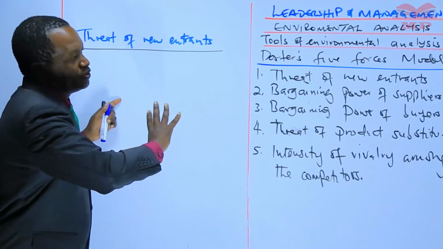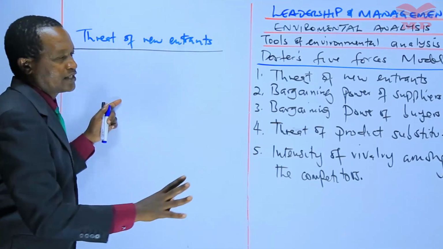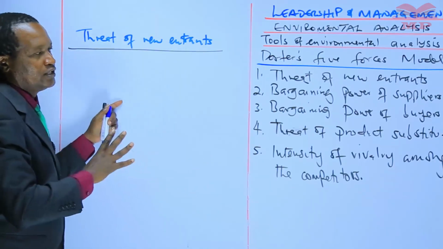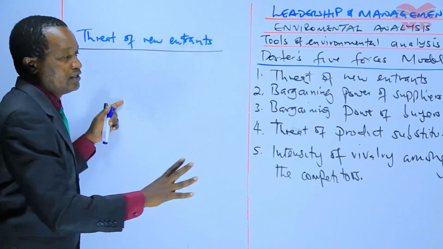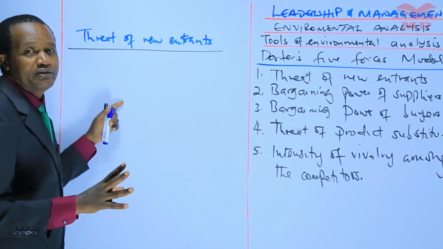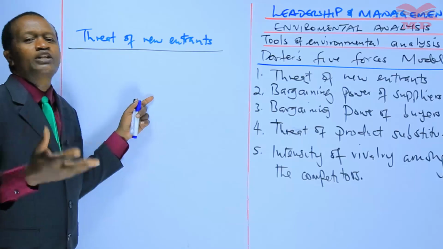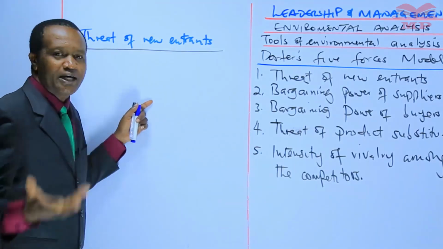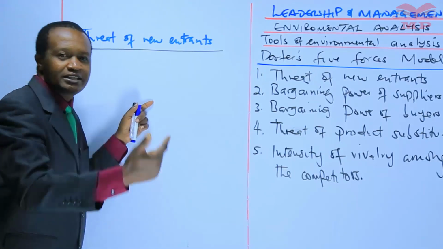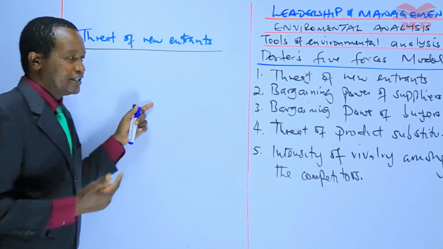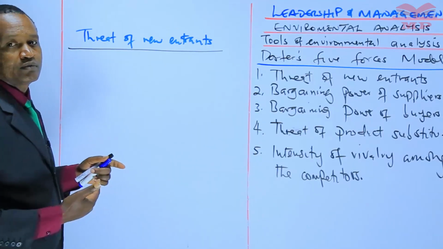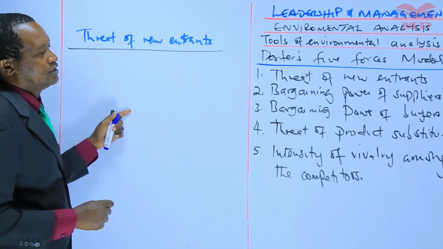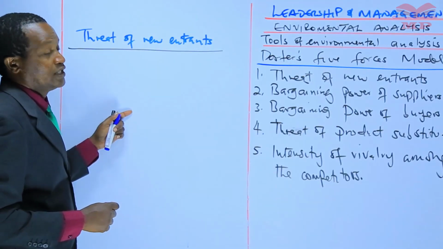The likelihood of a new competitor entering a market is dependent on the presence of entry barriers. And what is an entry barrier? An entry barrier is just an obstruction that makes it difficult for a company to enter an industry. So it's important to analyze this threat when carrying out environmental analysis.